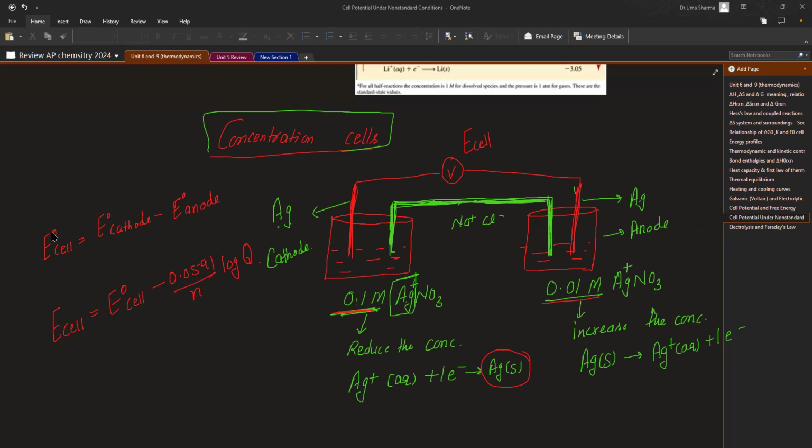But what's the reduction potential of silver? Silver plus 1 electron, giving you silver solid. We are going to write the reaction in the reversible manner. It is 0.80 volt, which will be given to you. Can you now calculate E naught cell?